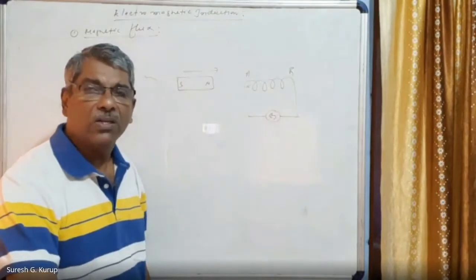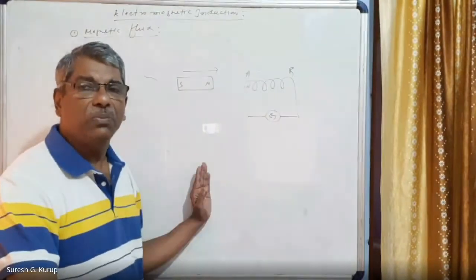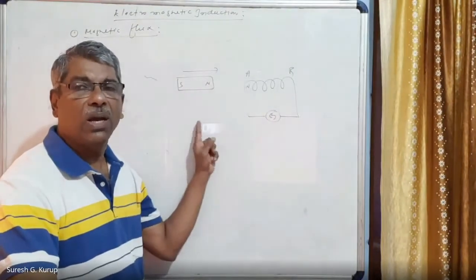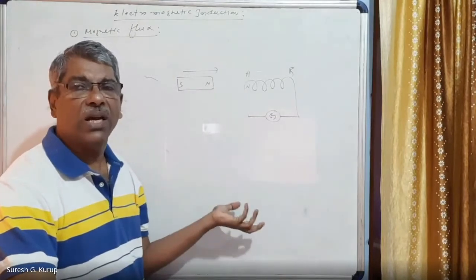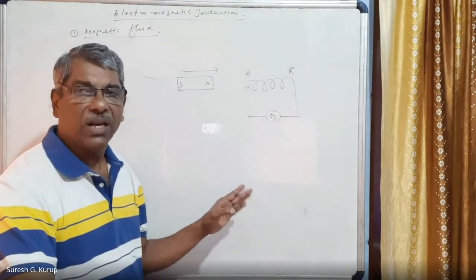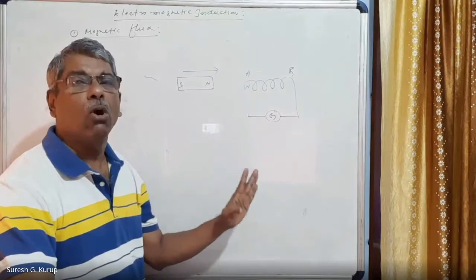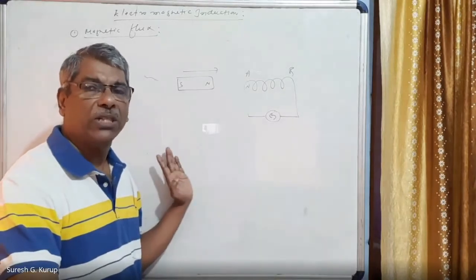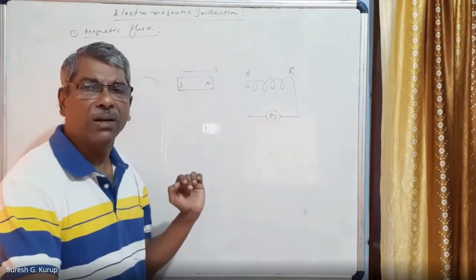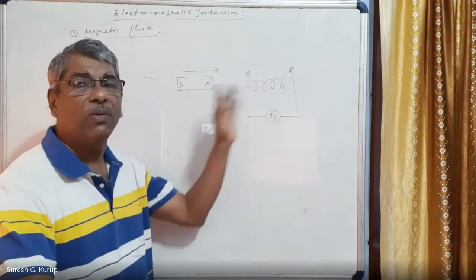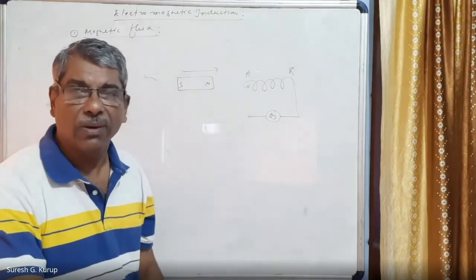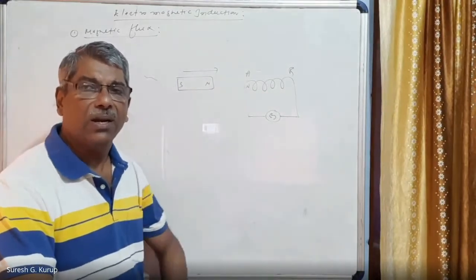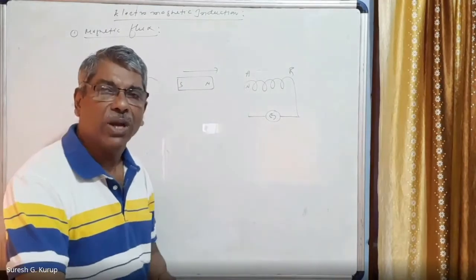According to Lenz's law, due to the relative motion between a magnet and a coil, the EMF induced in the coil is such that its effect opposes the cause of its production. What is the cause of production? The incoming action of the magnet. The EMF produced in the coil will always oppose it. So this is a general condition and understanding we must have, right?